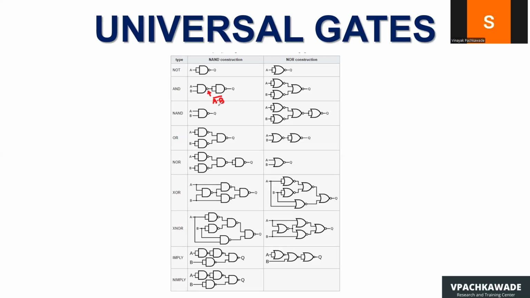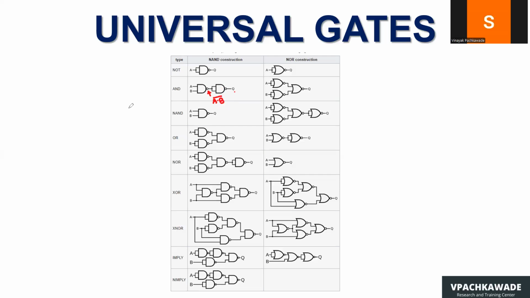Now, this output of the first NAND gate becomes an input to the second NAND gate here. This is the second NAND gate. Both of its inputs are shorted to each other, and the output is available right over here. And we know the input to gate number 2 is A NAND B, that is the output of the first NAND gate.